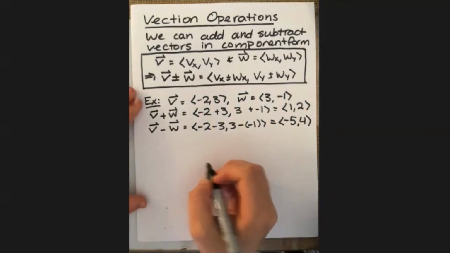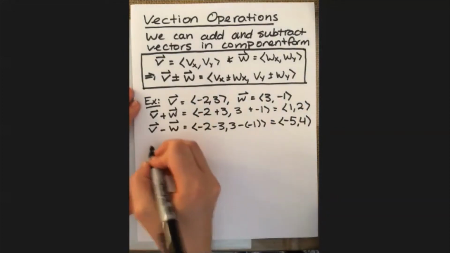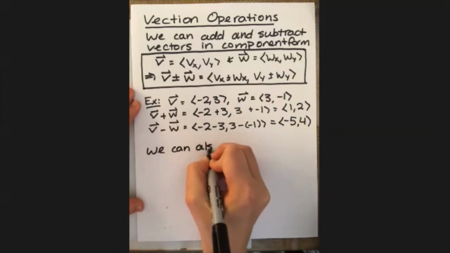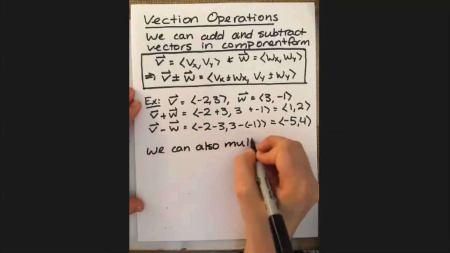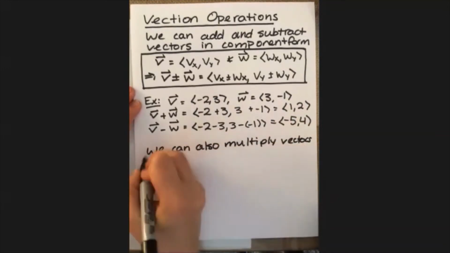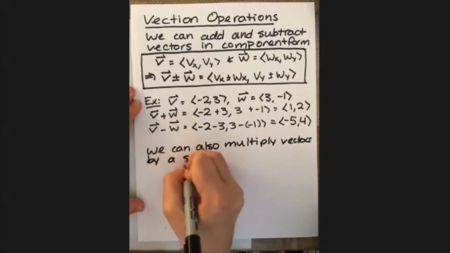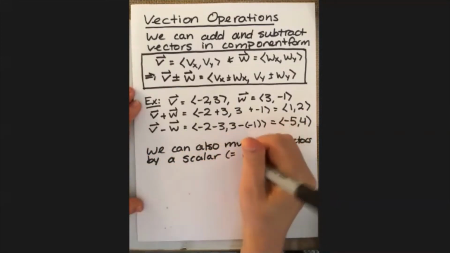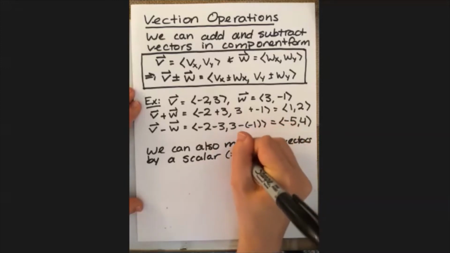Another operation we can do is multiply a vector by a scalar. And a scalar, if you're not familiar with the term, is just a fancy way to say any old number.